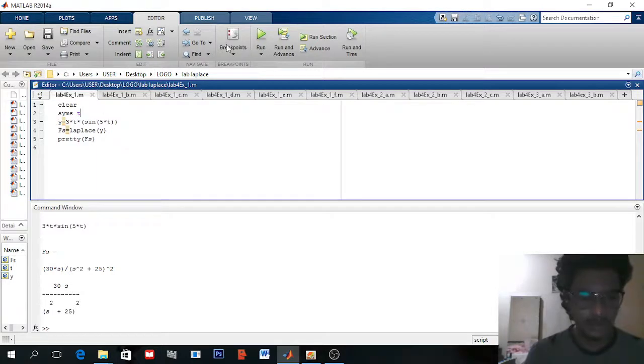So this is the first question. Run it. Okay, CLC is to clear out the command window. Define T domain, system T, enter the function. For the pretty FS, it is to visualize the result.